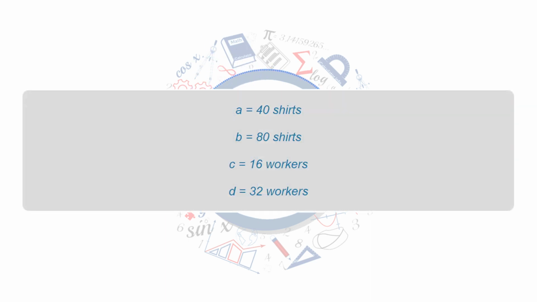For example, if 16 tailors can make 40 shirts in one day, then obviously if the number of tailors doubles, 16 times 2 equals 32, the number of shirts they can produce doubles too, 40 times 2 equals 80. Therefore, if we use the previous notation, we have the following as shown on screen.